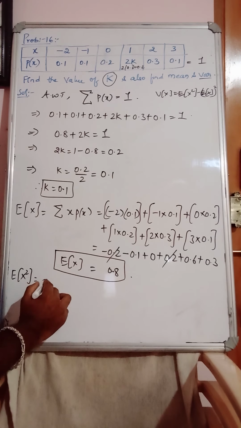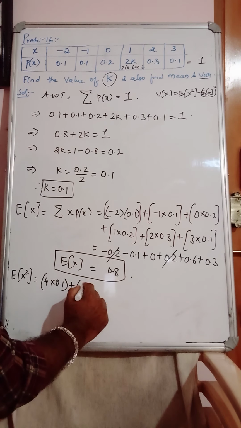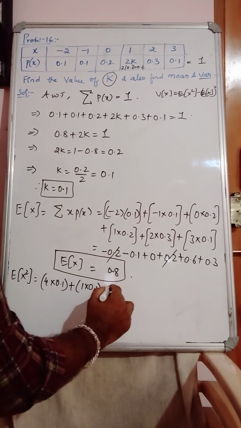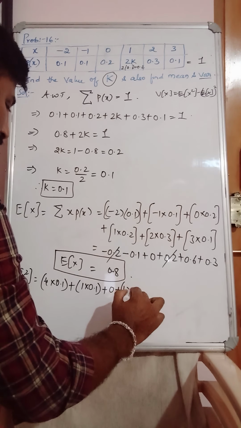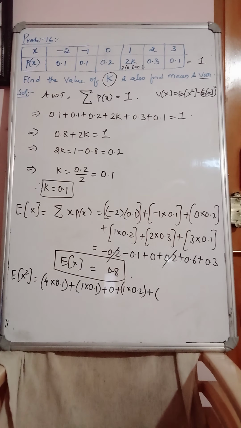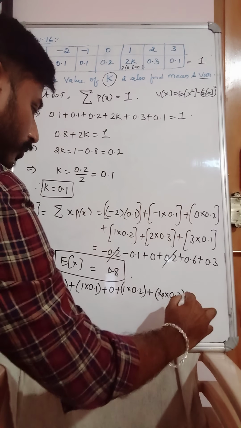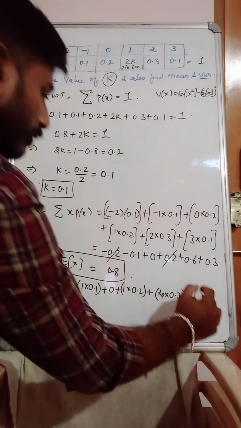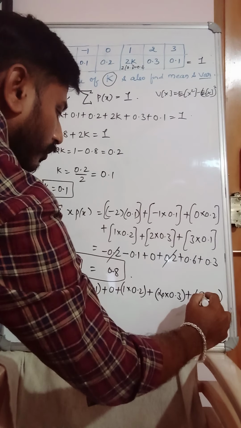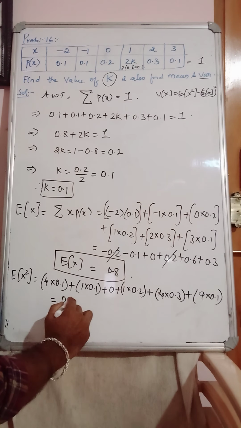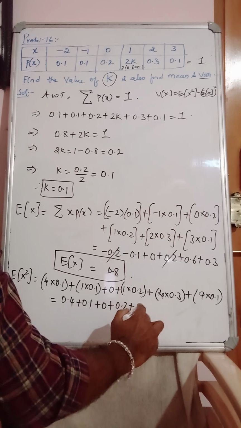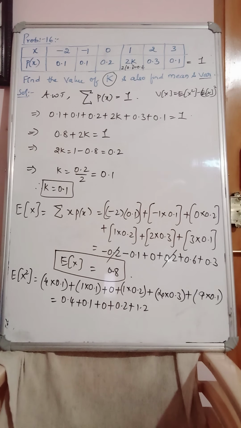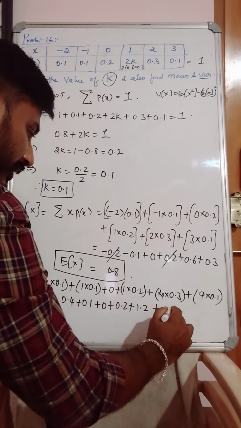Minus 2 square, 4, into 0.1, plus 1 square, 1, into 0.1, plus 0 square, anything is 0, plus 1 square into 0.2, 1 into 0.2, plus 2 square, 4, into 0.3, plus 3 square, 9, into 0.1, that equals 0.4 plus 0.1 plus 0 plus 0.2 plus 4 into 0.3 is 1.2, because 4 threes are 12, plus 0.9.